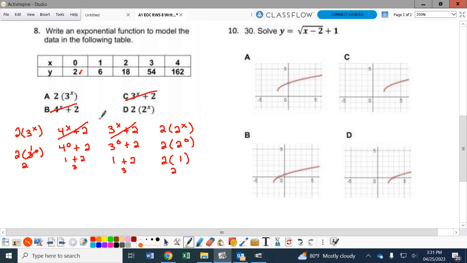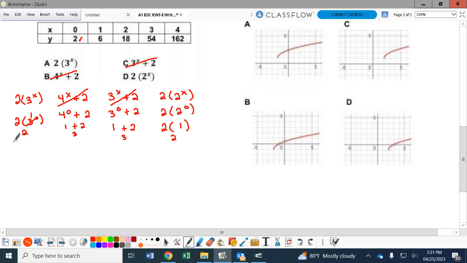Okay, let's do the next number. We're going to plug in 1. We're only going to plug it in this first one and this last one because we don't need to plug in the others. We've already eliminated them. So it's going to be 2 times 3 to the 1. That's going to be 2 times 3, which is going to be 6. That works.